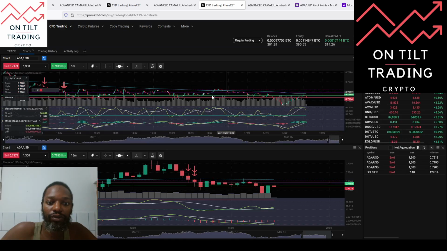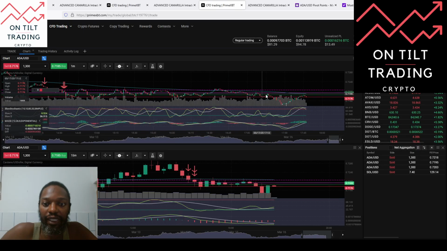Cardano was able to trade above the 200 EMA here, but sold off again, retested, sold off, and right now we're at another retest. We can just see right here that there's been a crossover of the 200 EMA with the R3 pivot, and now we're getting another sell-off.